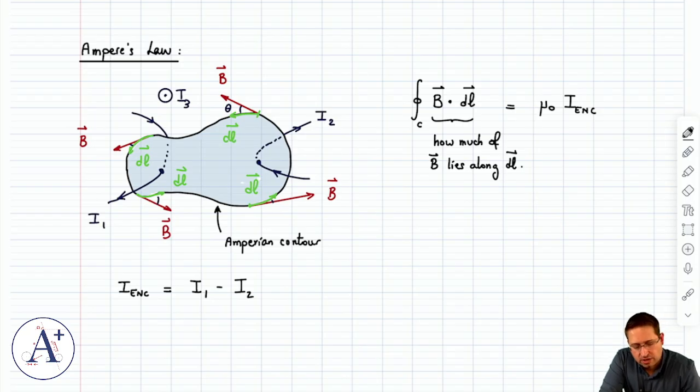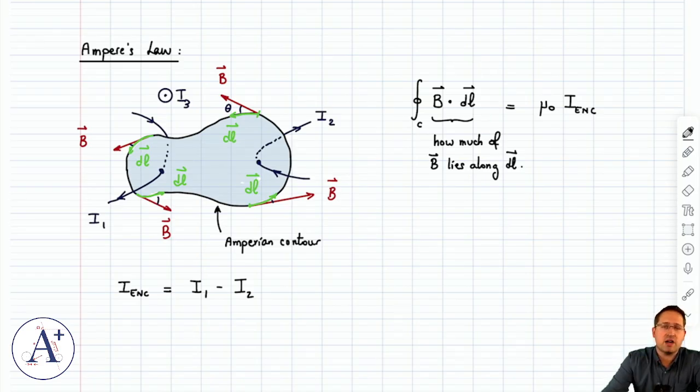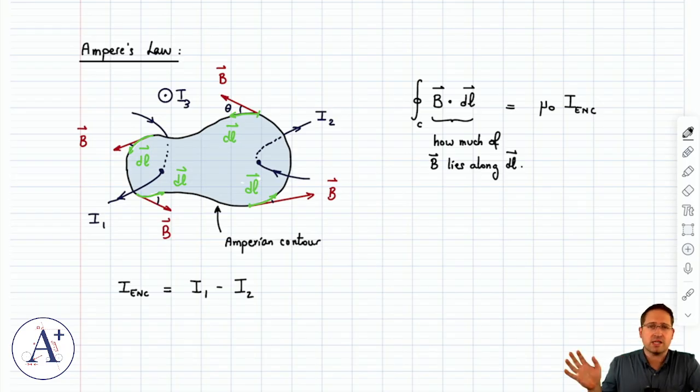I don't actually care what this is equal to. What I care is to have B that is constant in magnitude and direction along my contour so that I can simplify the integral. And that means that part of the art is going to be choosing a contour that does that well. You'll find that it's either circles or rectangles for 8B that gets the job done every time.